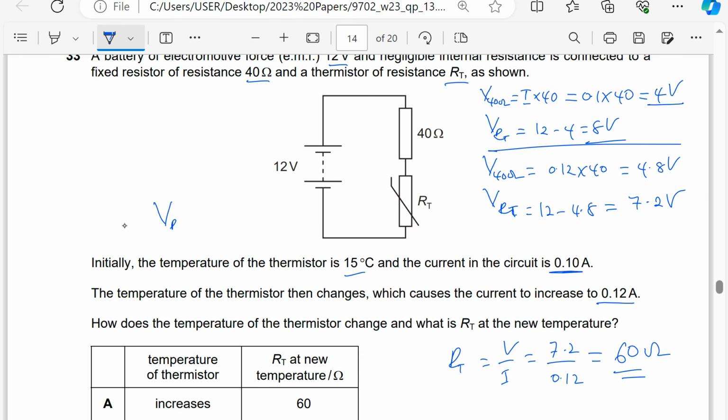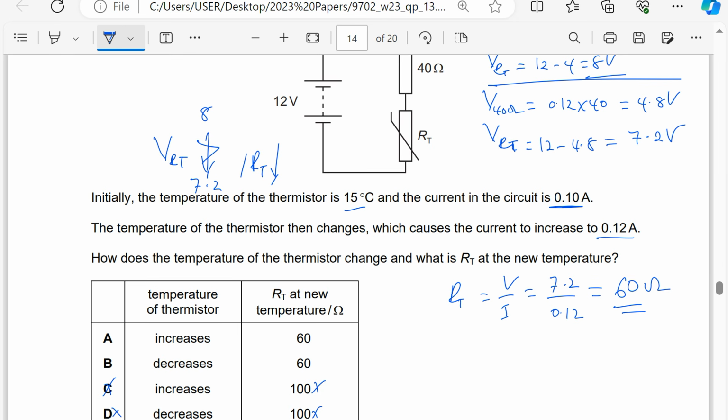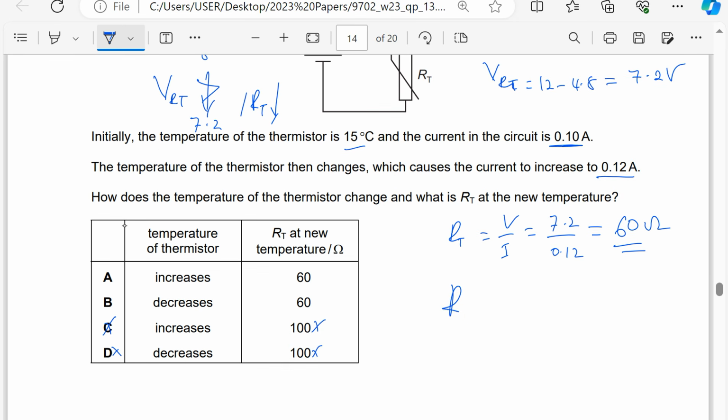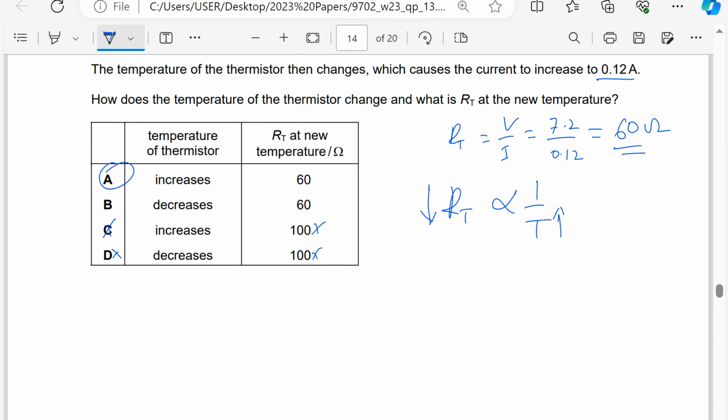The PD across the RT goes from 8 to 7.2. It means the resistance of the thermistor has gone down. And if the resistance of the thermistor goes down, remember the resistance of the thermistor is inversely proportional to temperature. The resistance has gone down because the PD across the thermistor is low, because the temperature has gone up. So the answer is automatically A.